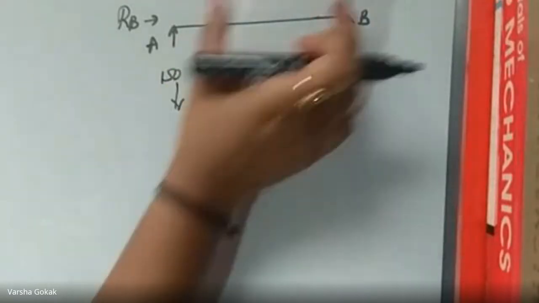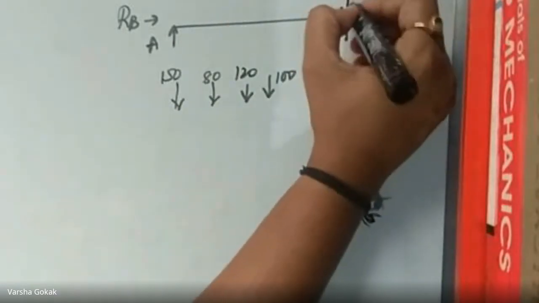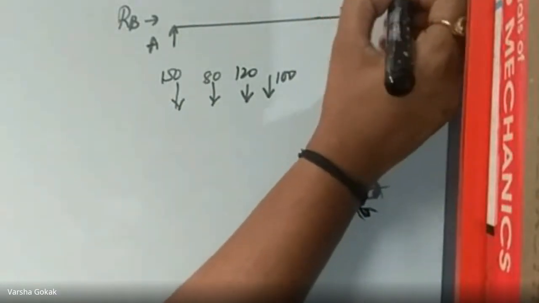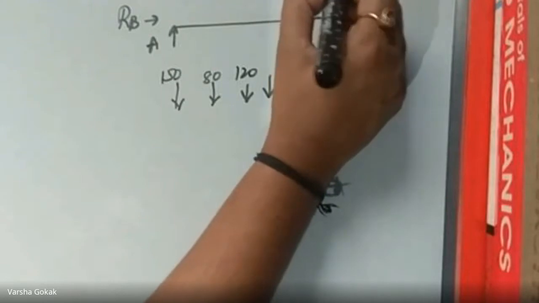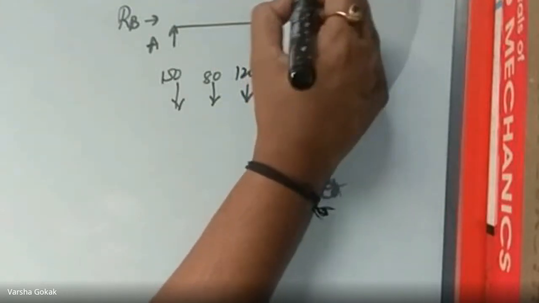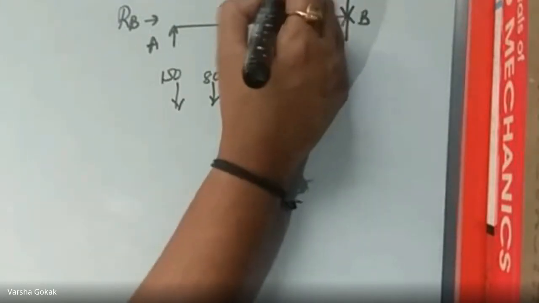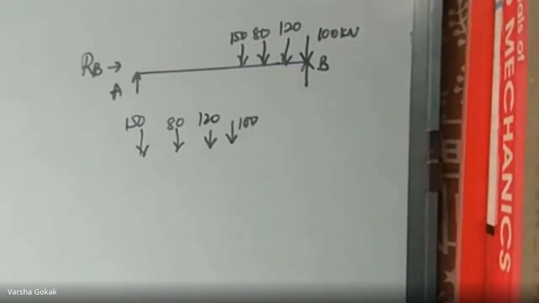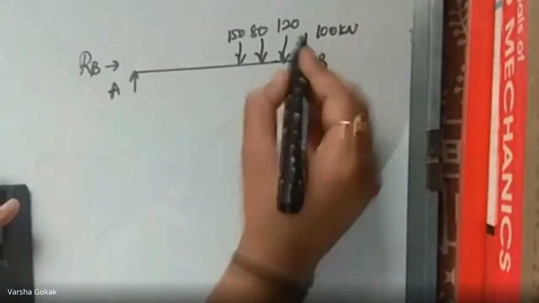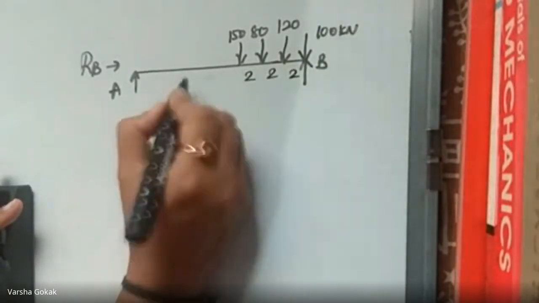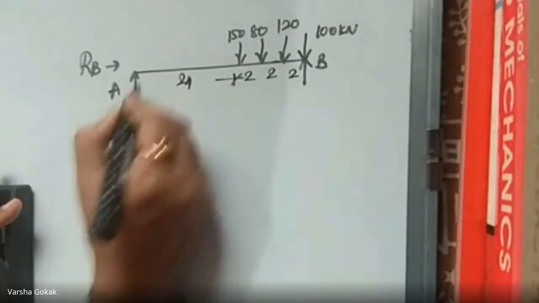This same order will sit here now. So at B, I will have 100, then from 2 meters, 120, 2 meters, 80, another 2 meters, 150. So this becomes 2, 2, 2, and this is 24.